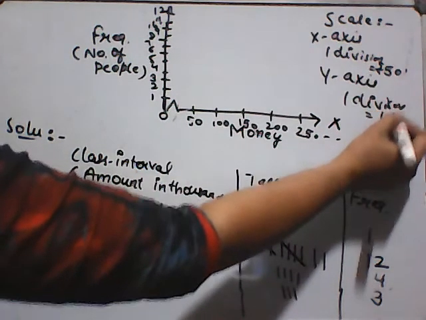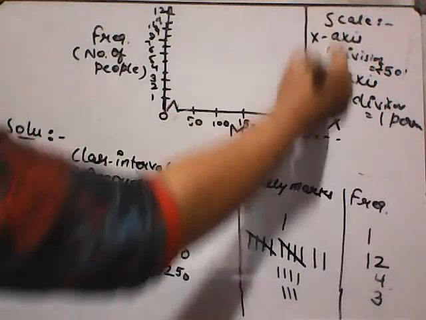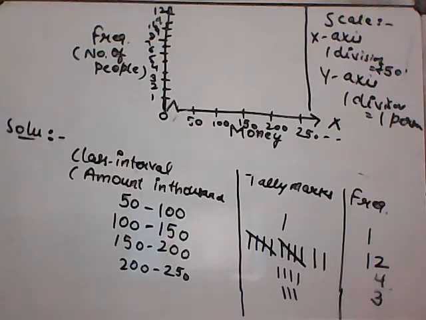You should mention the scale whenever you draw a histogram or bar graph. On the x-axis we take 50, 100, 150, 200, 250 and so on, so one division is equal to 50 rupees. On the y-axis we take the number of people from 1 to 12, so one division is equal to 1 person.